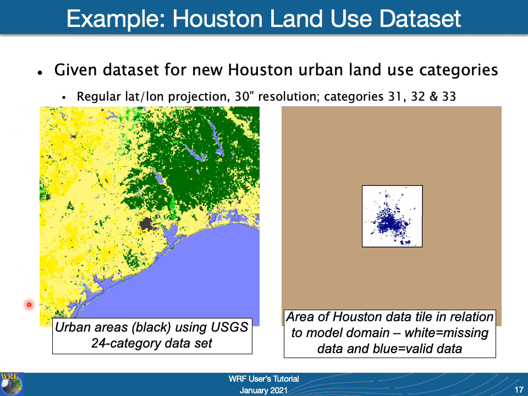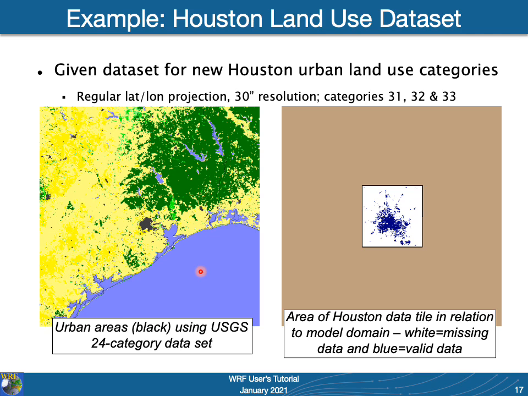So what we're showing on the left panel here is a plot of the land use index for our model domain. This blue region represents the Gulf of Mexico, and this black colored area represents the city of Houston in Texas. And let's suppose that for our simulation, we have some new data set that only covers the city of Houston, the metropolitan area.